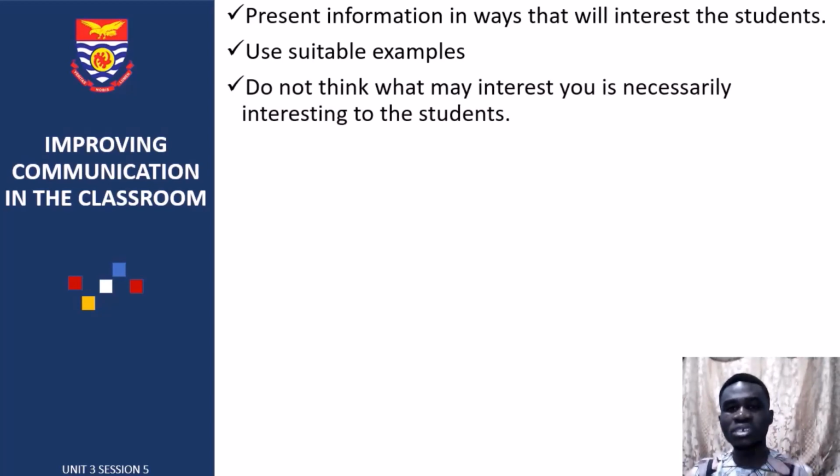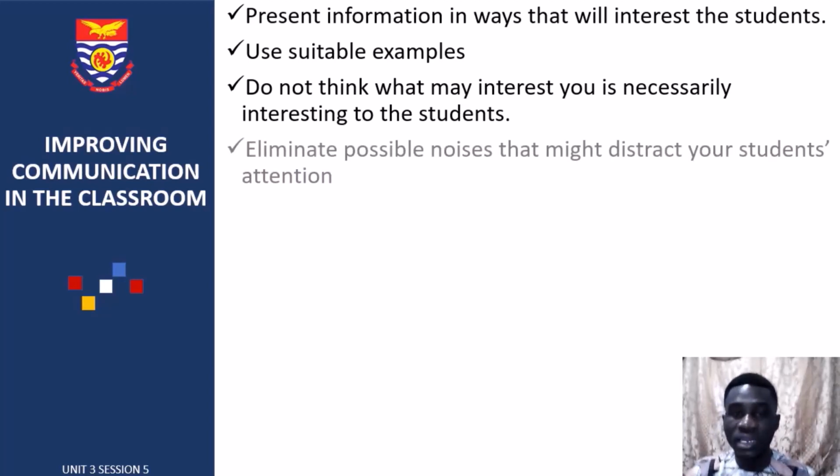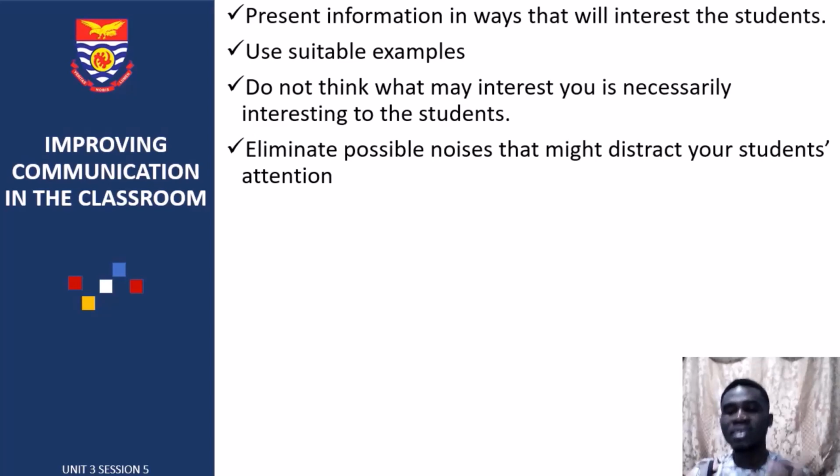And do not think what may interest you is necessarily interesting to your learners. And eliminate possible noises that might distract your students' attention. So if it is a video, test it, check the sound that is coming out of it to ensure that it is not going to disrupt the message or information you want to give to your learners.